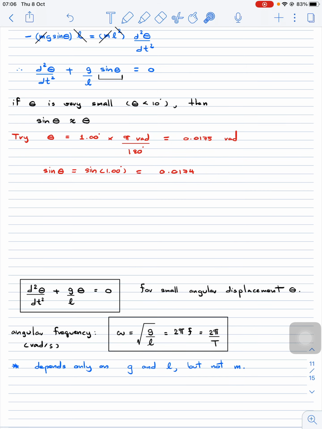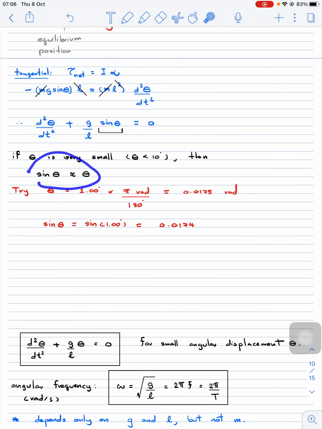So this is the condition that we need to change the sine theta to be the theta.